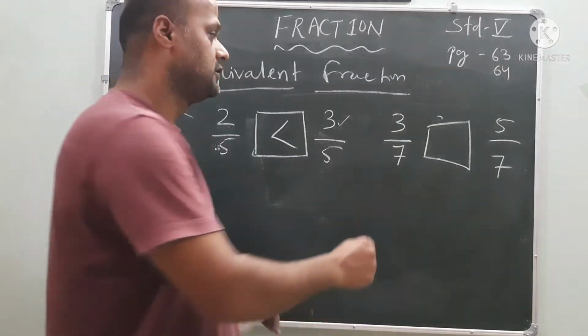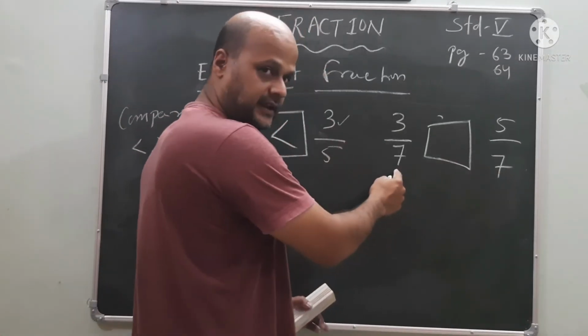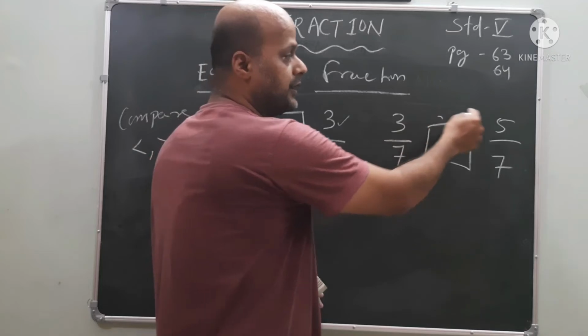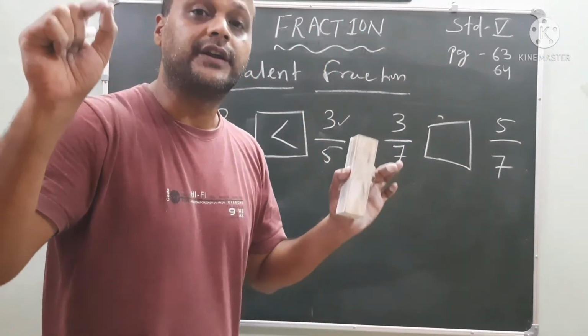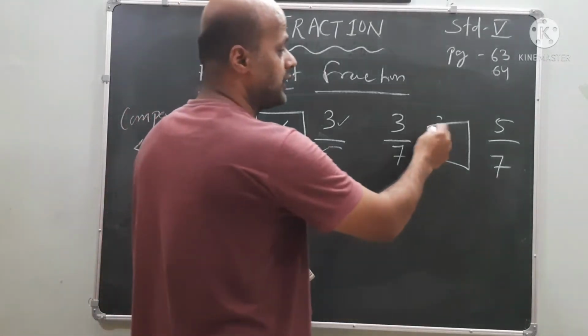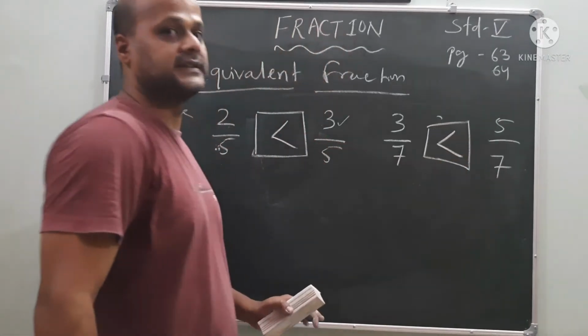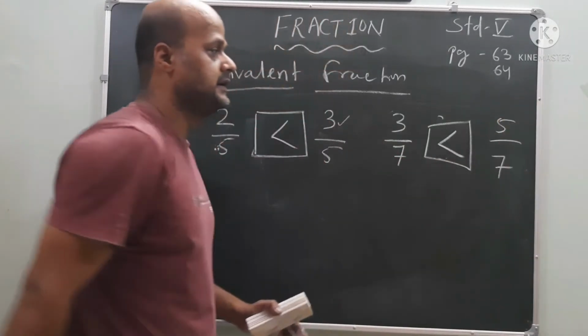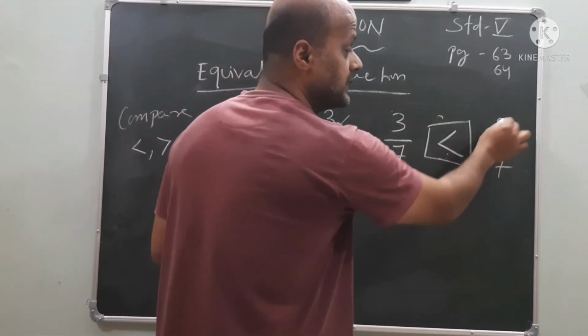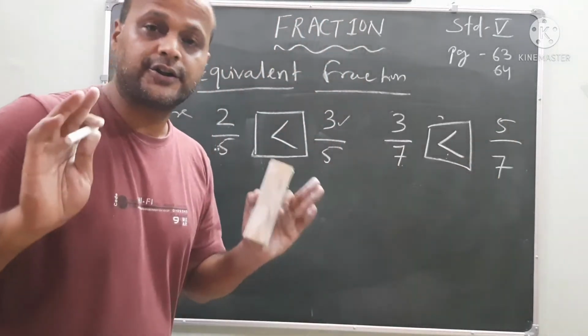How? Rule: if the denominators are the same and the numerators are different, the greater numerator is the greater fraction. So 3 by 7 is less than 5 by 7. Understood, my dear friends?